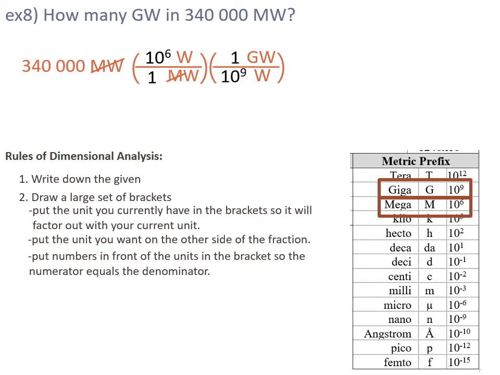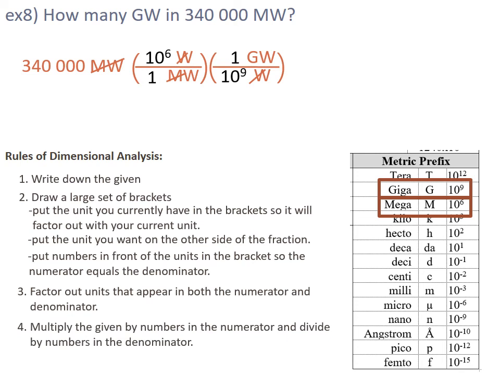So 1 big G equals 10 to the 9. Top equals bottom. Watts and watts factor out. I run it through my calculator: 340,000 multiplied by 10 to the 6 divided by 1 multiplied by 1 divided by 10 to the 9 gives me, with correct units, 340 gigawatts.